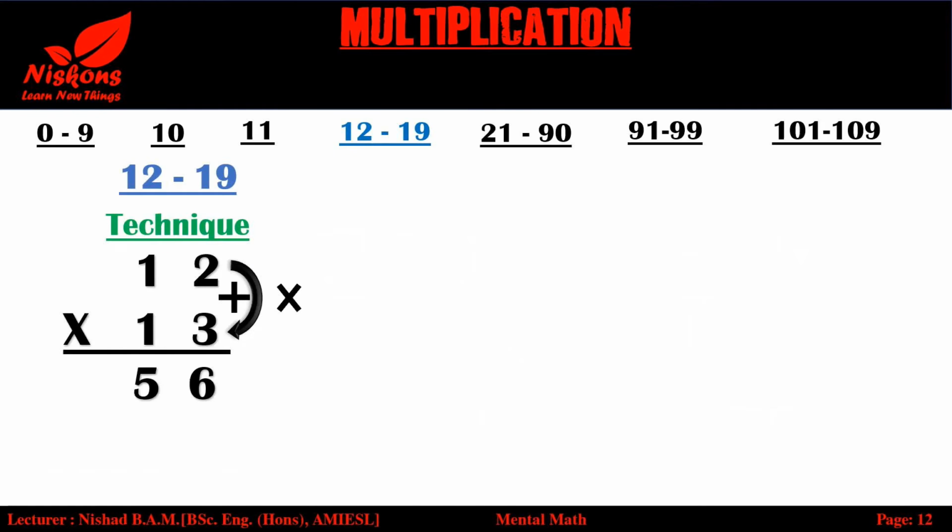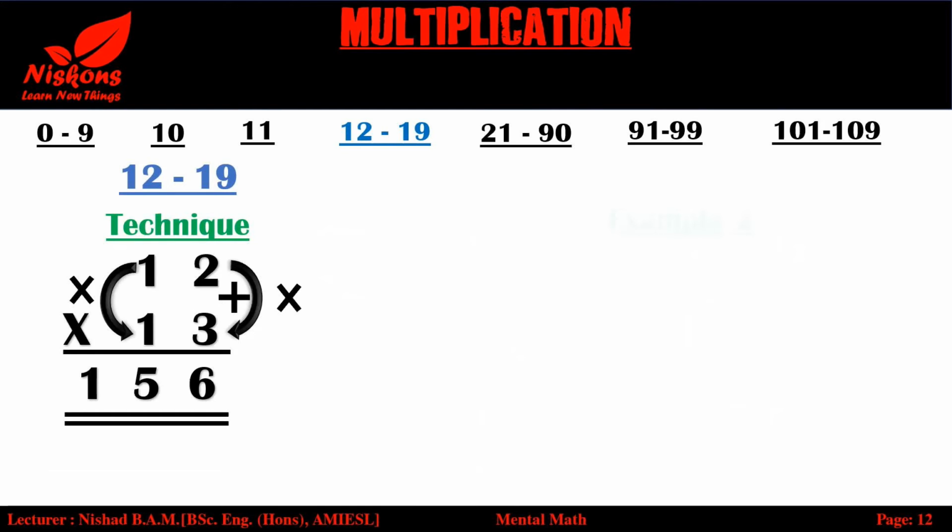And then, as we did so far for the last two digits, we have to do this for the first two digits. That means we multiply 1 times 1, which will always become 1, because we have to use only this technique in between 12 to 19.